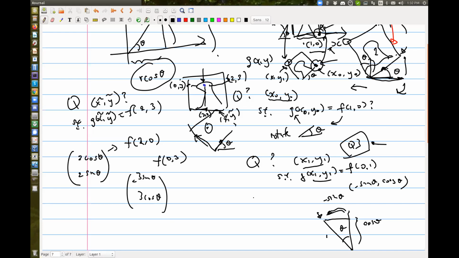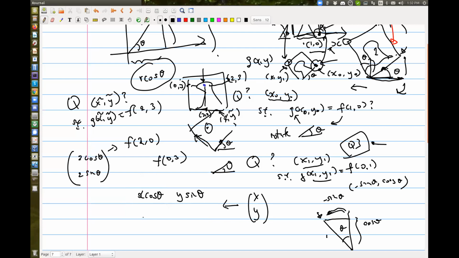If I start with an X and Y coordinate, and the image is rotated by theta degrees, the new coordinate will map to something like x cosine theta, y sine theta, and then the y. Am I right?